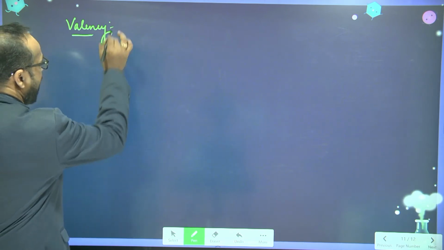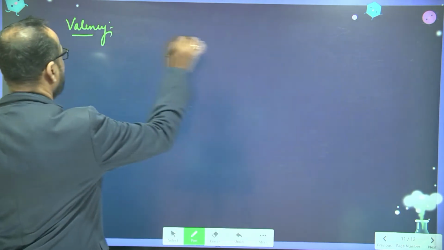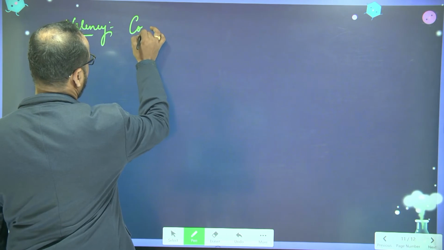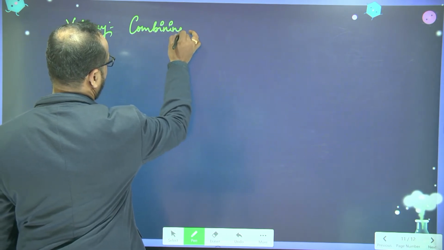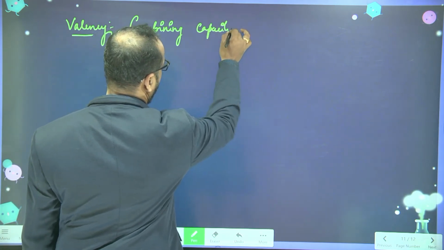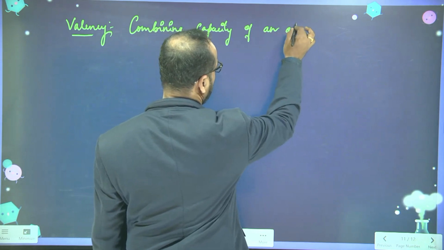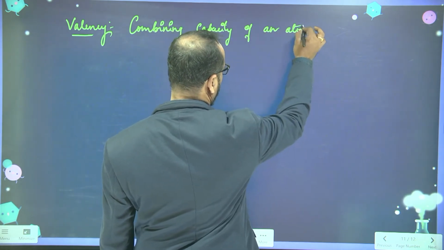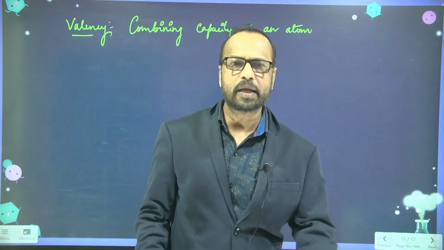Valency is nothing but a combining capacity of an atom. In simple way, if I would like to define it, we can write a combining capacity of an atom or of an element, anything you can say. So, I am writing of an atom, is called valency.